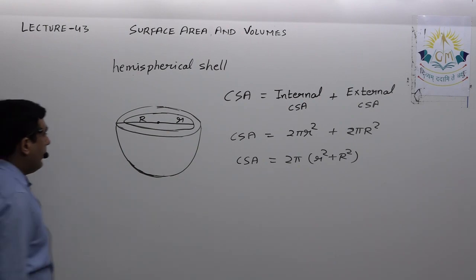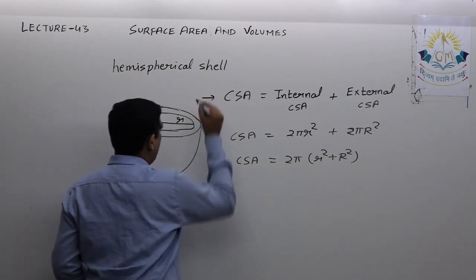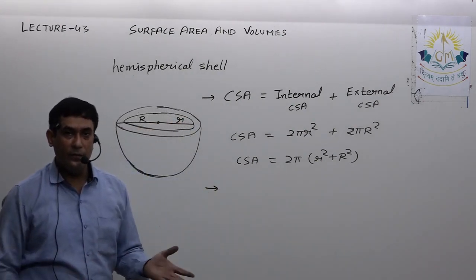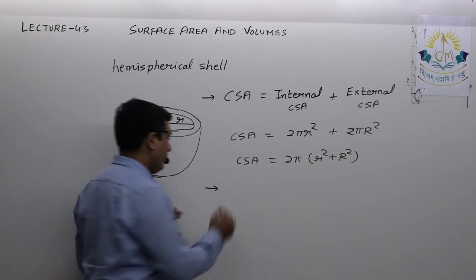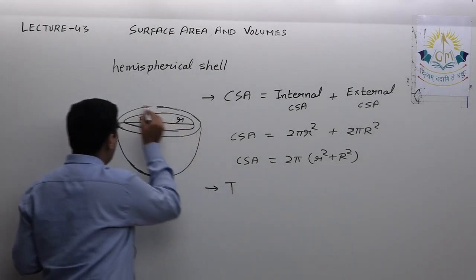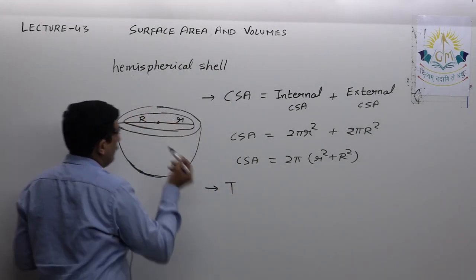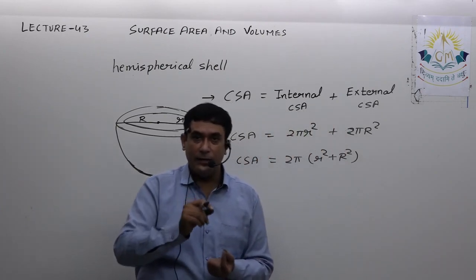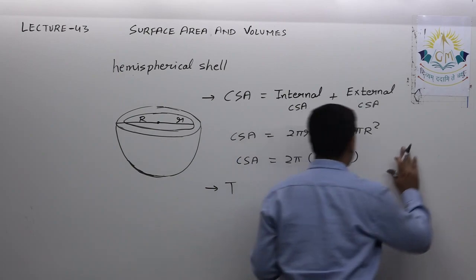Now you know the total surface area is always given by CSA plus any other flat surface. Here it definitely has a flat surface. You can see in a bowl that the edge is a flat surface.